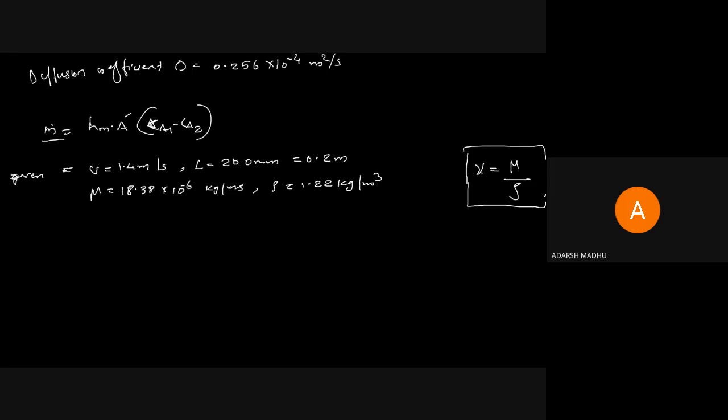So to find the kinematic viscosity, mu and rho are given. Then the diffusion coefficient D is given as 0.256 into 10 power minus 4 meter square per second.